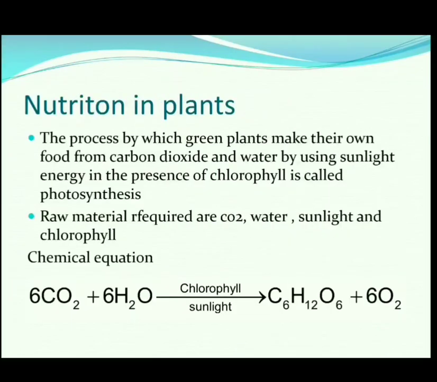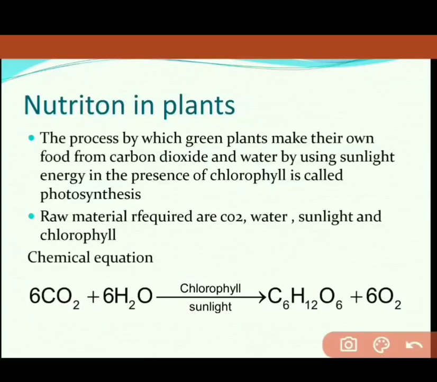So what are the raw materials required for the plants to prepare their food? They are carbon dioxide, water, sunlight and chlorophyll. So what is chlorophyll? It is a green pigment present in a leaf. Why is a leaf green in color? Because of chlorophyll. So let's see the equation.